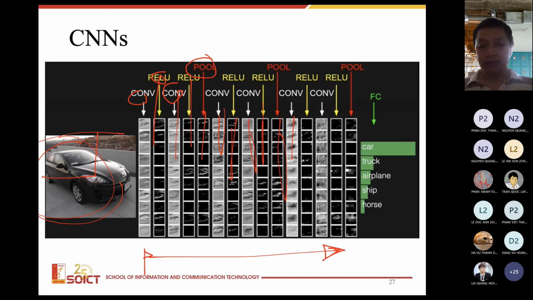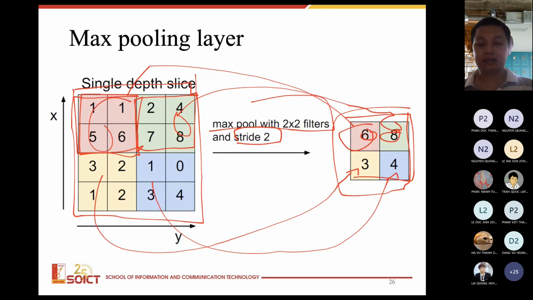Then there is the pooling layer here, and finally, if we want to predict the classification for the input, we can have the fully connected layer with the number of outputs equal to the number of classes. If I have to predict 1,000 classes, then I have the FC layer with 1,000 outputs. Any questions so far at this moment?